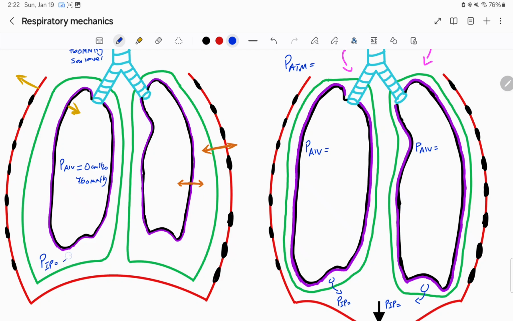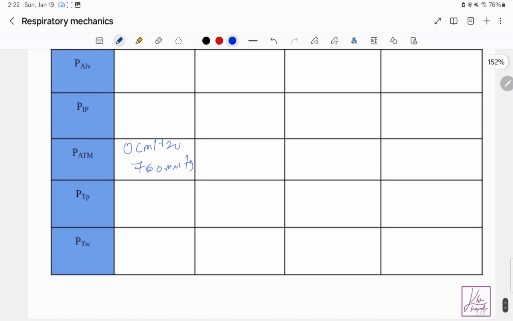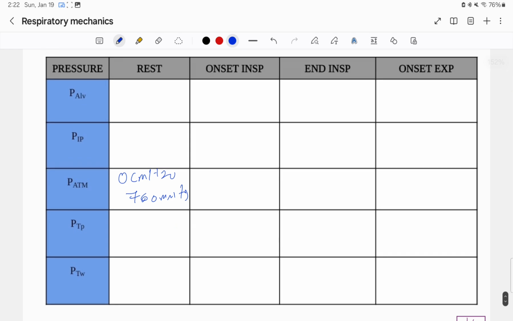It's about -5 centimeters of water. You can also write this as 755. So -5 centimeters of water, or 755 millimeters of mercury. The alveolar pressure we said was about 0 centimeters of water and 760 millimeters of mercury.